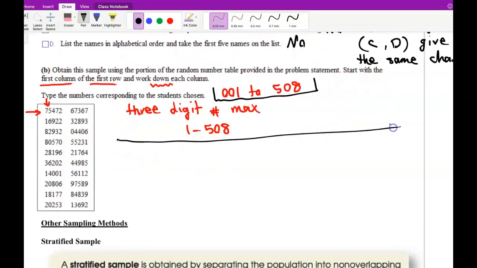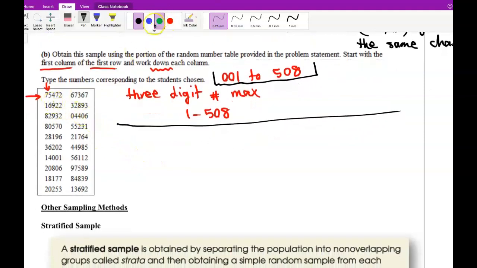Okay, now choosing what numbers we have, starting from the first row, first column. Now we have 3 digits. 754 is the first one.